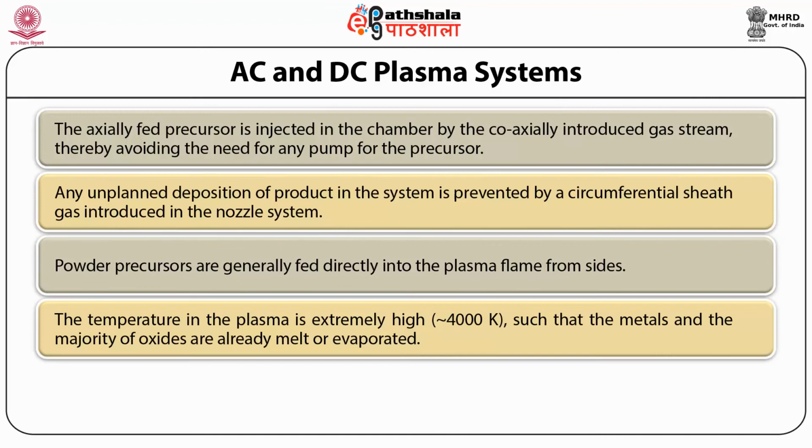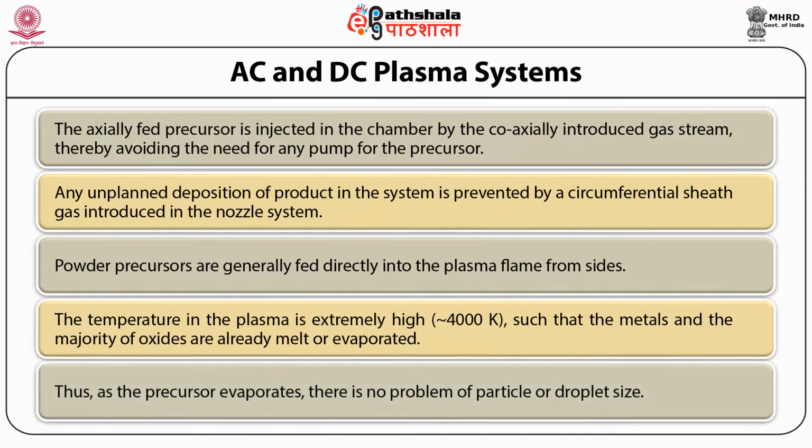The temperature in the plasma is extremely high, of the order of 4000 Kelvin, such that the metals and the majority of oxides are already melted or evaporated. Thus, as the precursor evaporates, there is no problem of particle or droplet size.